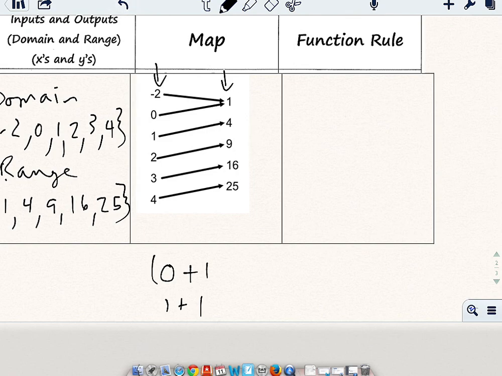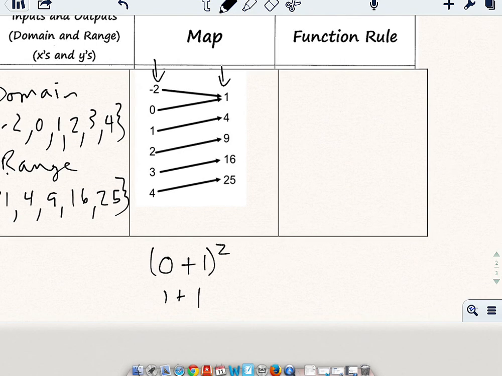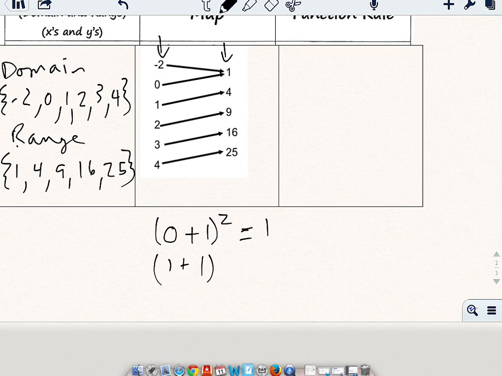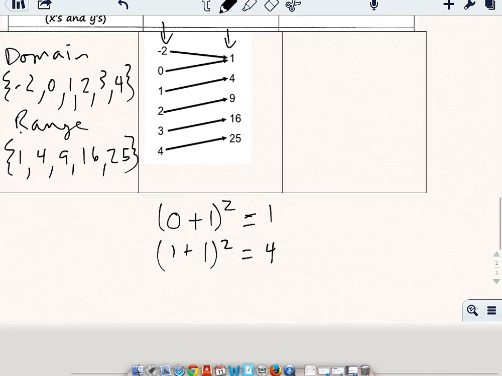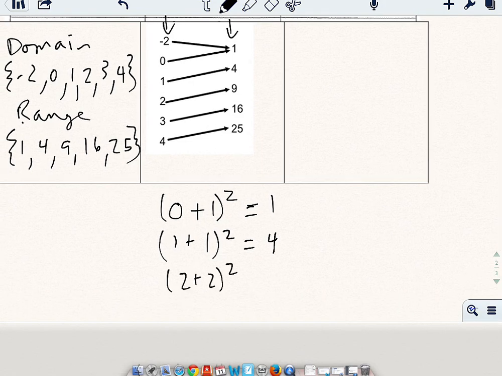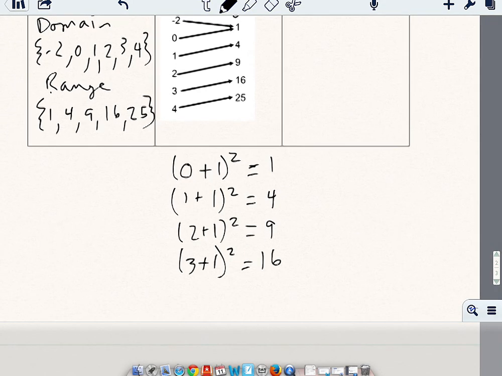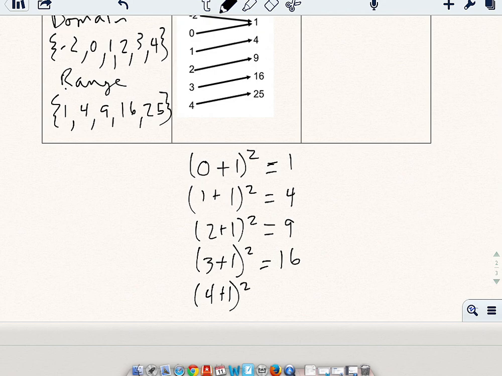And so I'm going to think about doing something like this. 0 plus 1 squared is equal to 1. 1 plus 1 squared is 2 squared equals 4. 2 plus 2 squared equals, 2 plus 2 is 4, squared equals, oh sorry, I added 2 instead of 1. 2 plus 1 is 3, squared equals 9. 3 plus 1 squared, 3 plus 1 is 4, squared is 16, so it seems like it's working. And then 4 plus 1 squared equals 25, because that's just 5 squared.